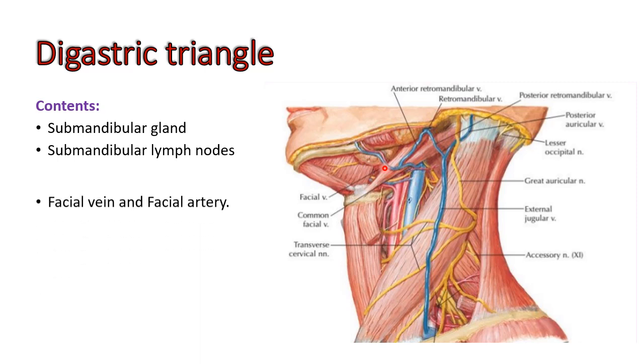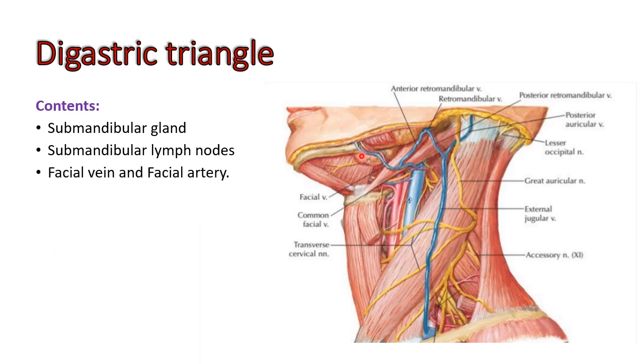Then apart from that, you have the facial vein which is passing superficially near to the roof. Then you have the facial artery, mylohyoid vessels and nerves. Then you also have the hypoglossal nerve. So hypoglossal nerve you come across.